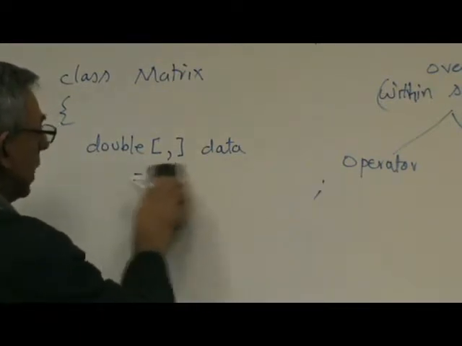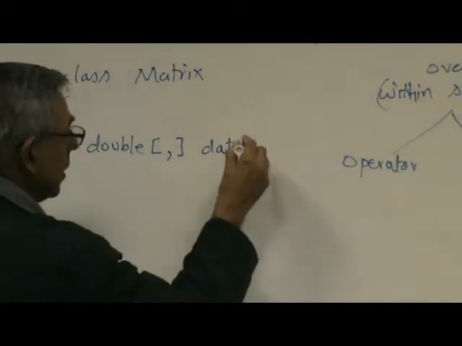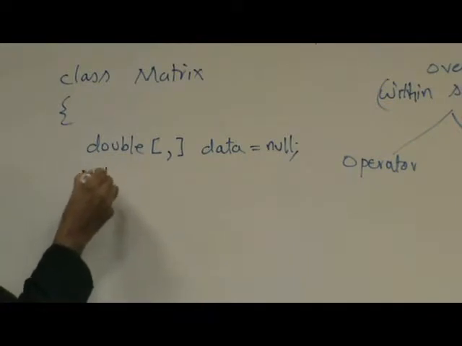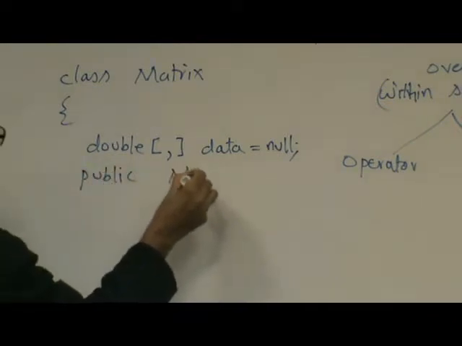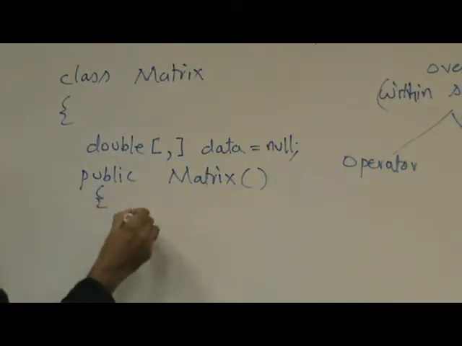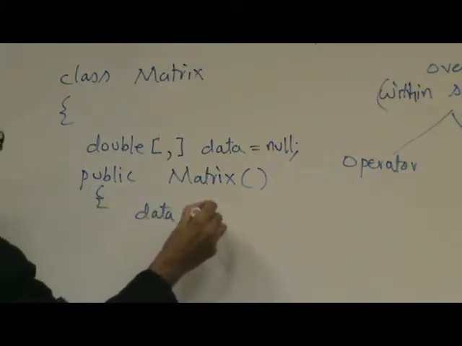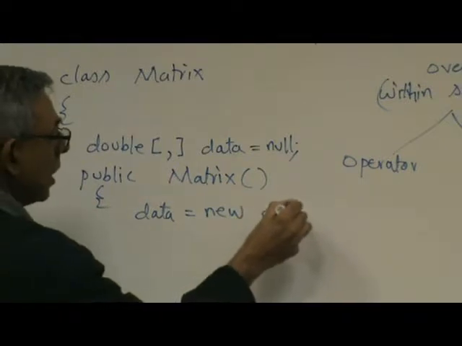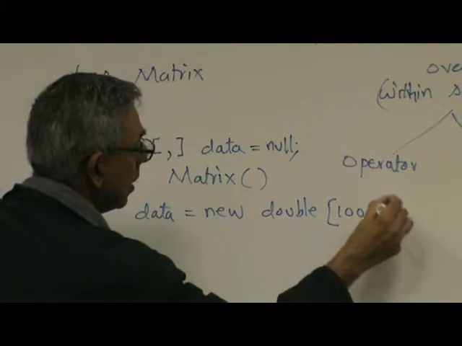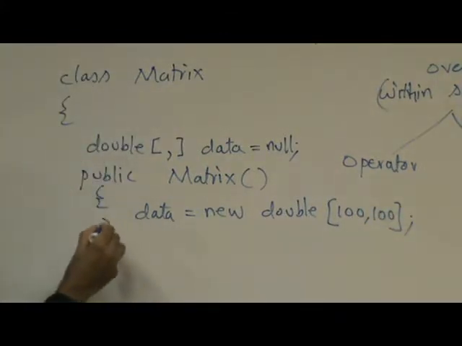Or let me just make it a little more flexible. So if I say null, and then if I provide a constructor, public matrix, the default constructor can do data equal to new double, let's say 100 by 100. So that will be the default.